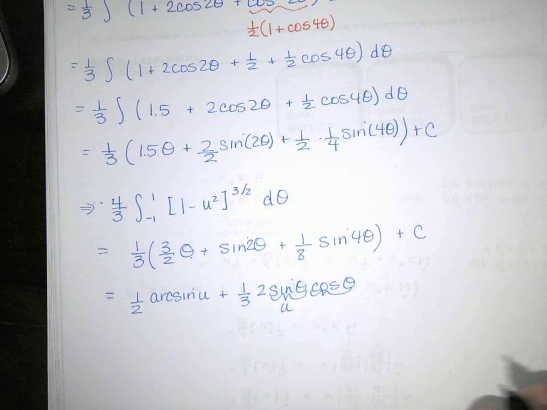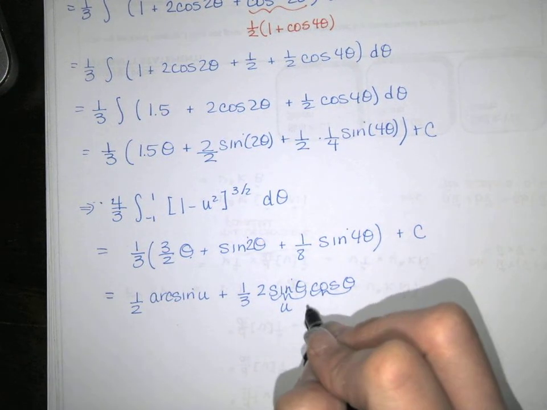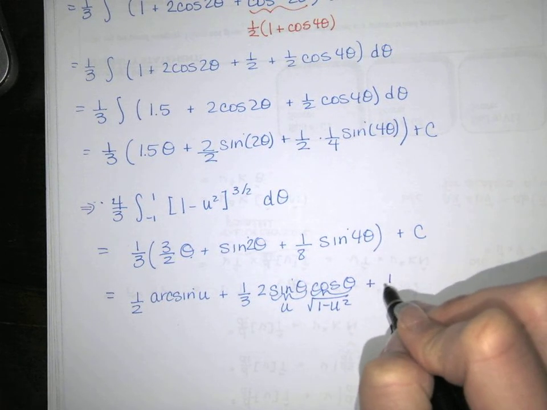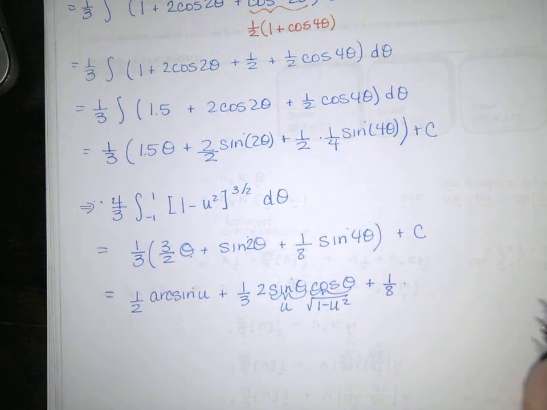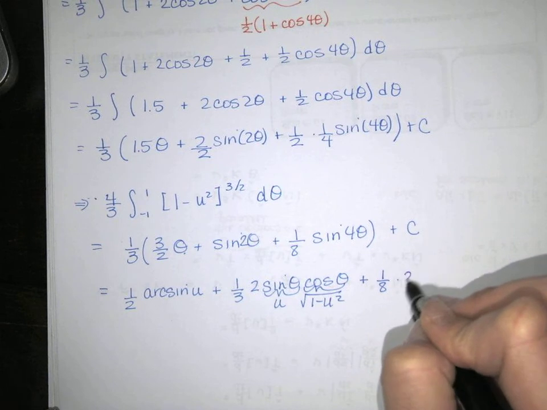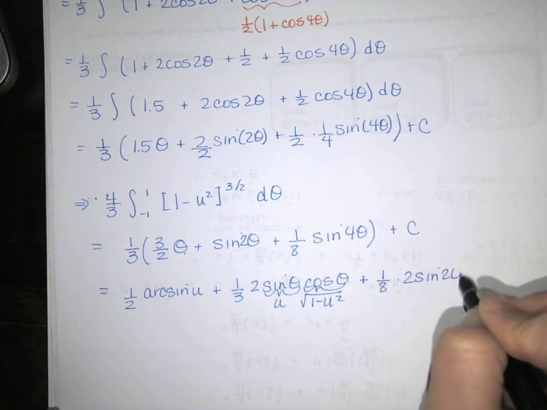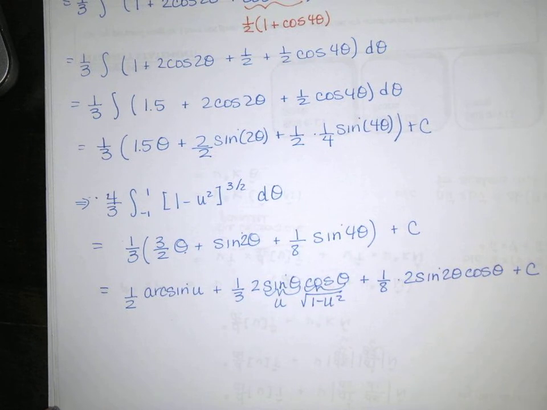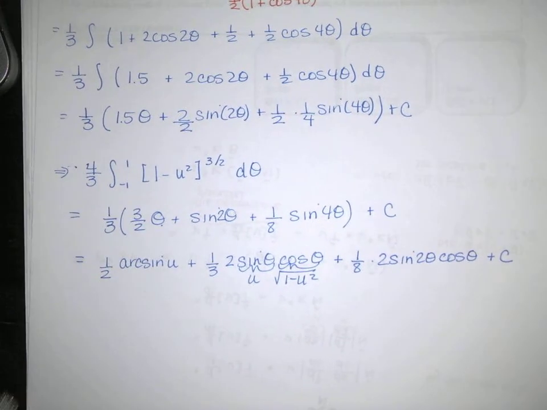U is sine, and cosine is actually the square root of 1 minus u squared. And I think I'm gonna run out of time. Oh dear. Yes, I'm going to run out of time. There's only 1 minute left in the video.